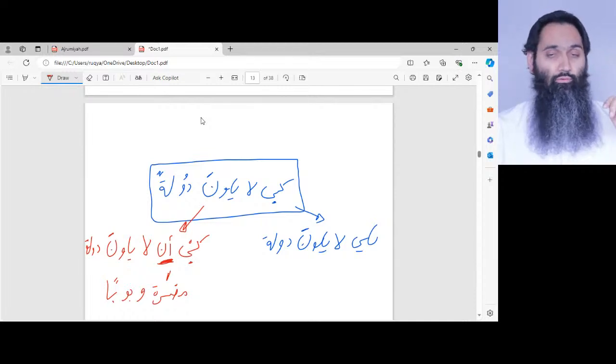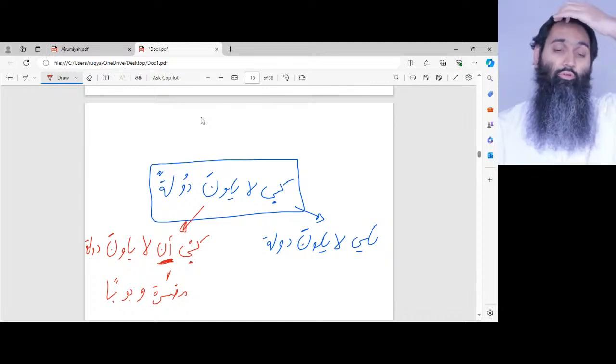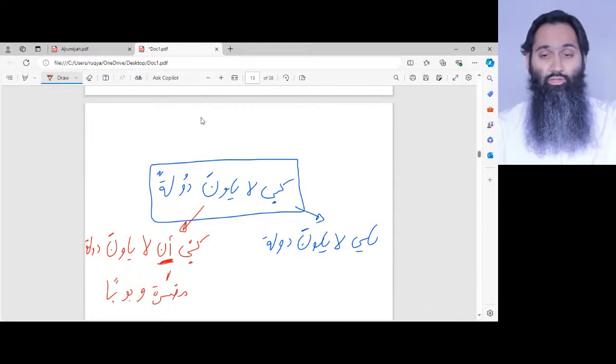Here, no. If we assume there is no lam before it, now the fi'l mudari is still mansoob. The meaning will not change. In the i'rab there will be a slight change, but my point here is the meaning will not change.